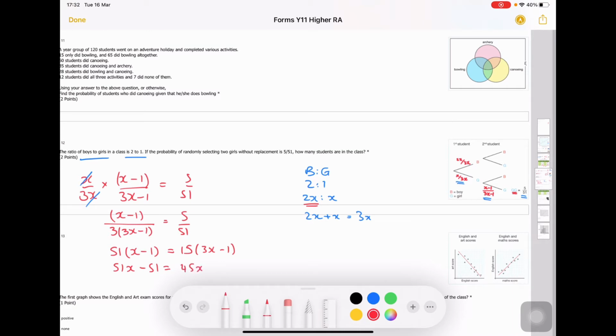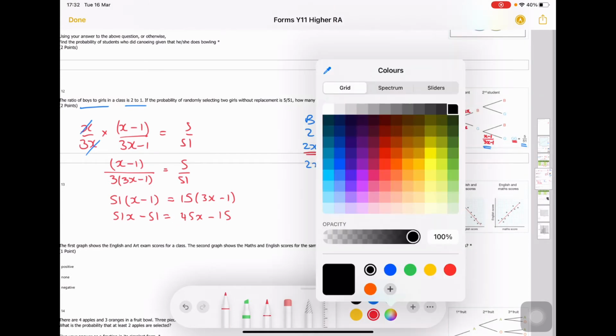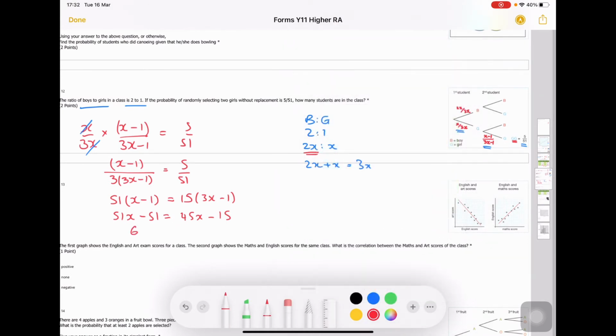That gives 45x take away 15. Subtract 45x from both sides, we get 6x equals, then add 51 to both sides, 36. So x equals 6.